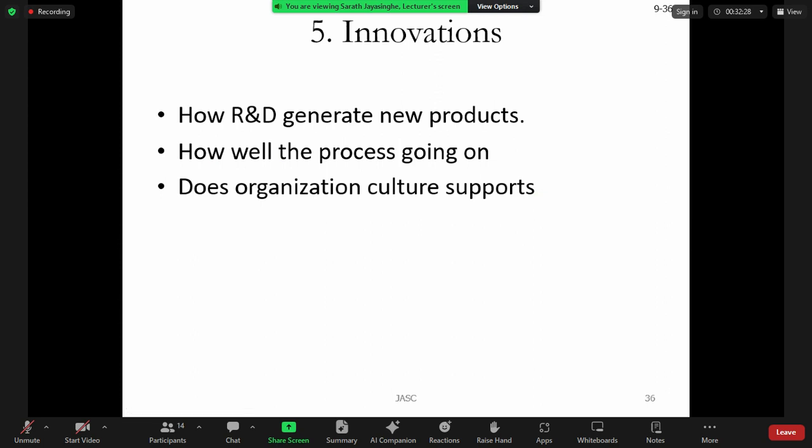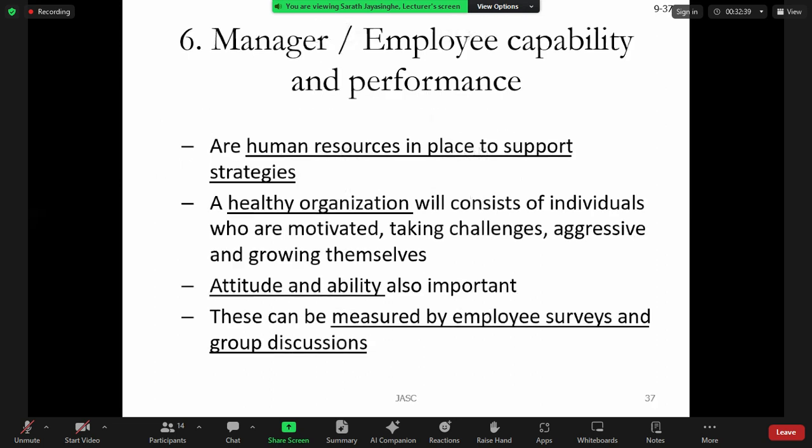Then innovations. How research and development generate new products. How well the process is going on. Does organization culture support, right? Number 6, manage employee capability and performance, right?